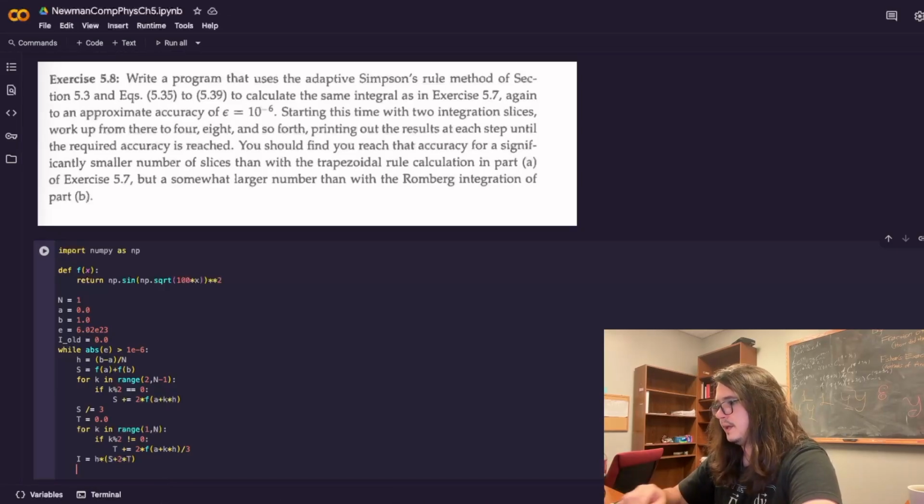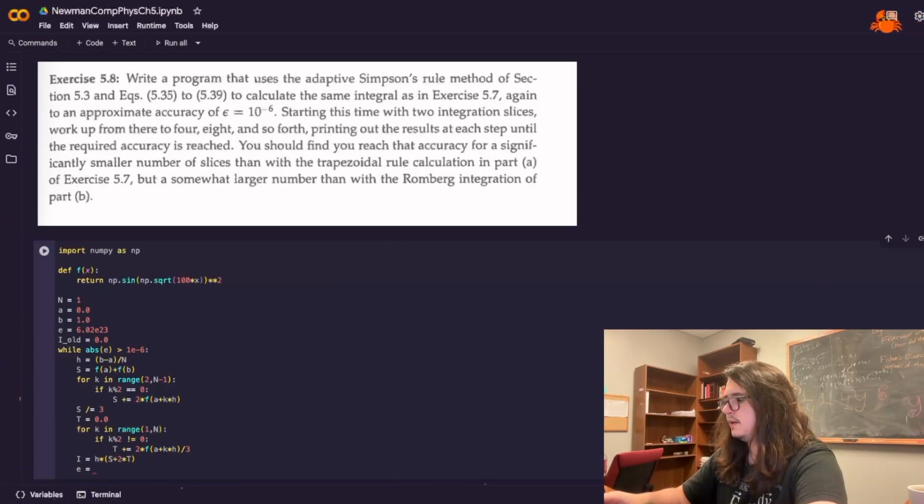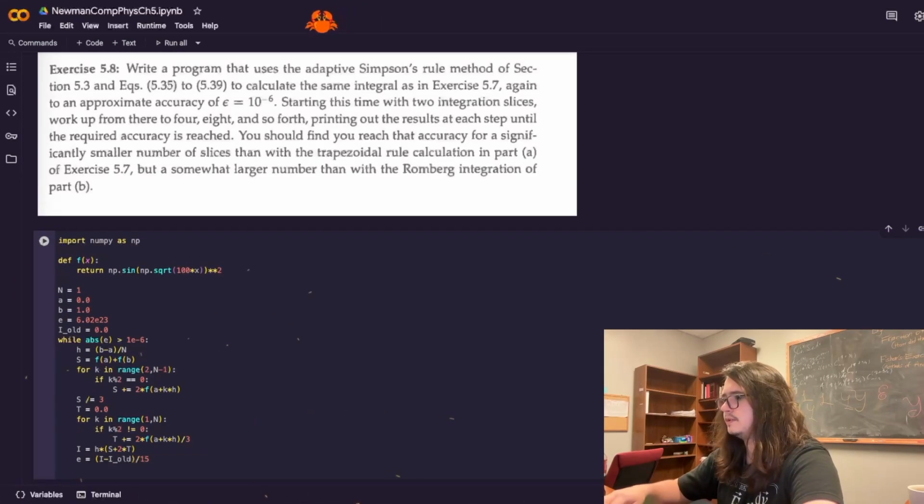At this point you can get the error, so you can say e equals I minus your old value of the integral, so I minus I old, and you divide the whole thing by 15, not 3 this time, so that's nice.